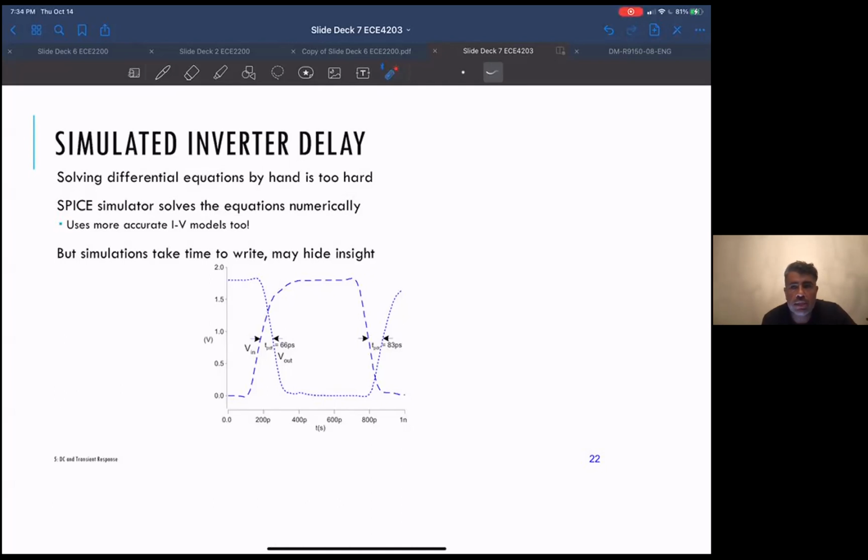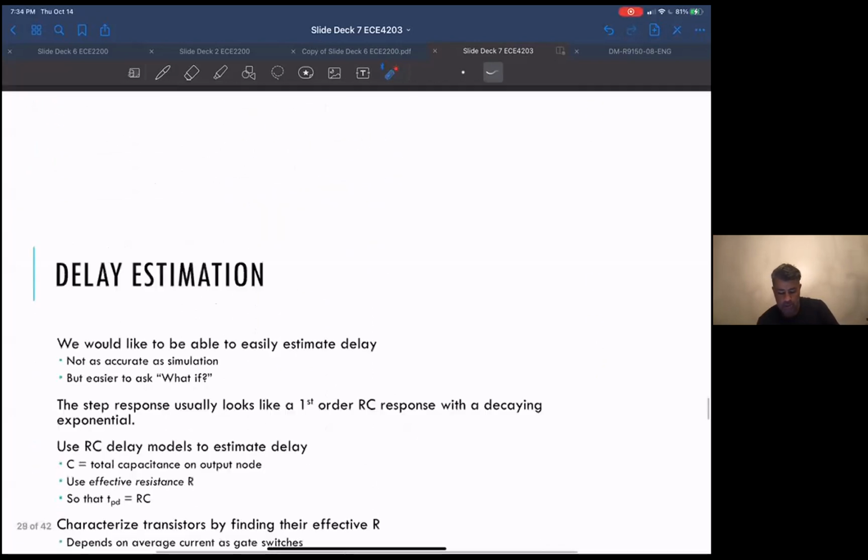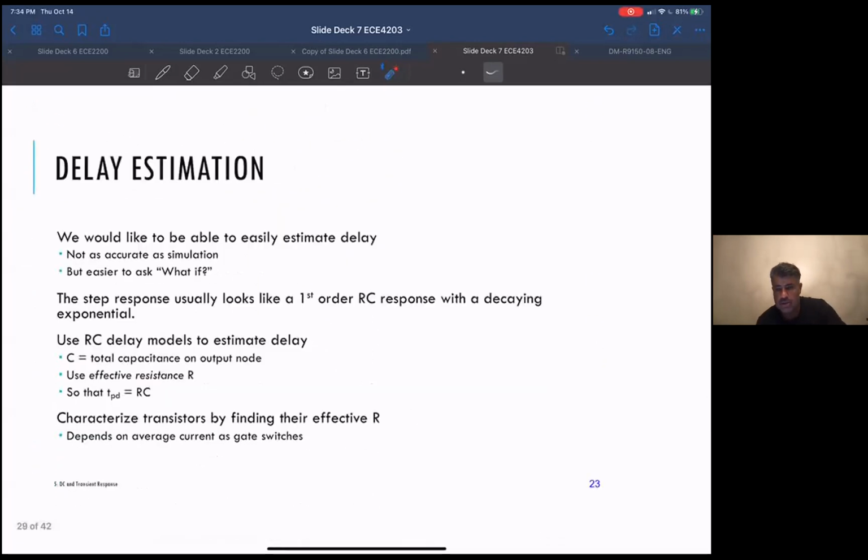So those are the two places, at the beginning of the project, and while you're debugging your chip, where it's really handy to have these simple models in your hand, and to see where you're at. So that's where we're going now, doing these delay estimations.